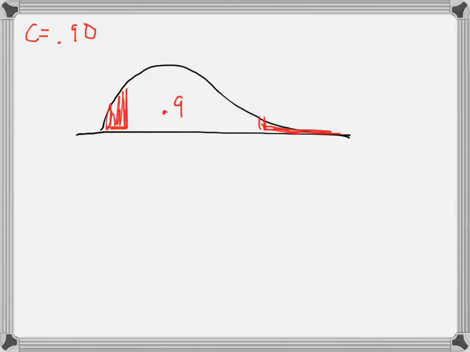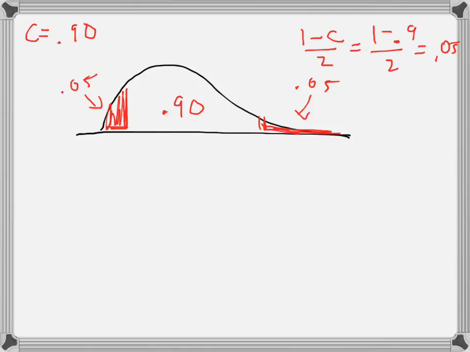So the idea is that this is the middle 90%, and like before, the area under the tails is 1 minus c over 2, or 1 minus 90% over 2. That's going to end up being 0.05. Now that I have the middle 90%, that leaves 10% left over, and that 10% has to be evenly split into these two tails.